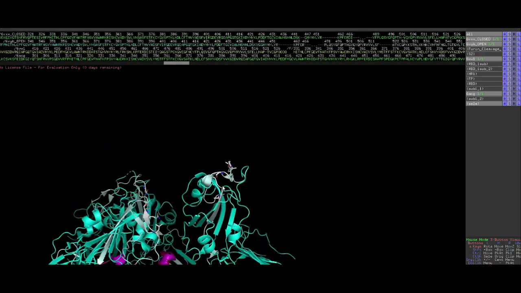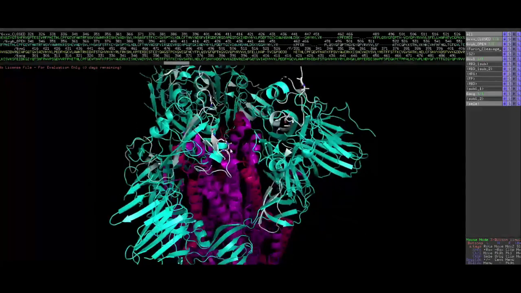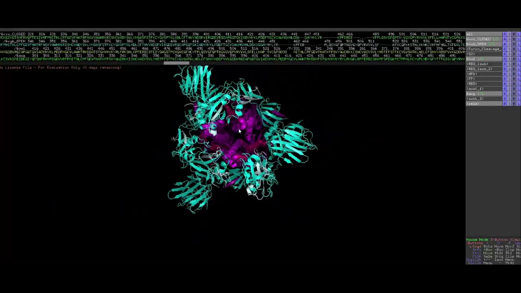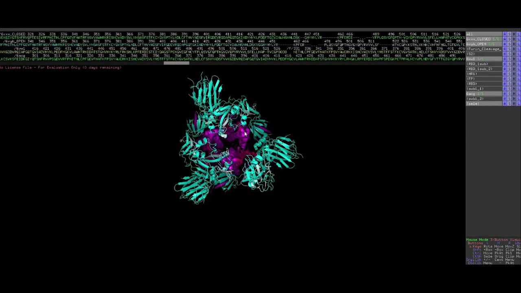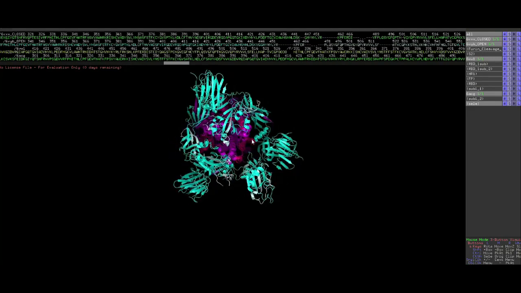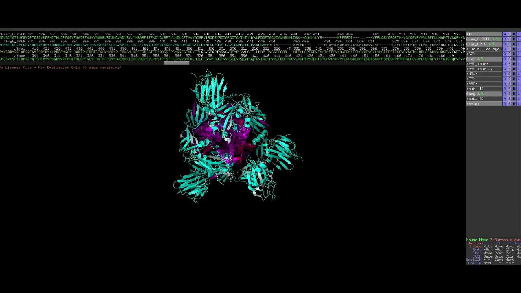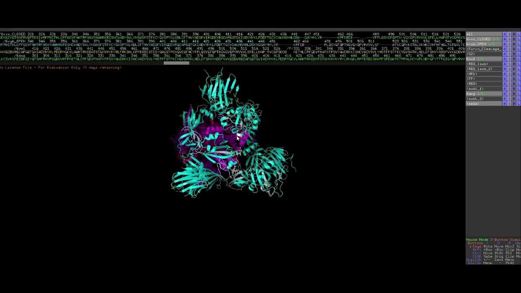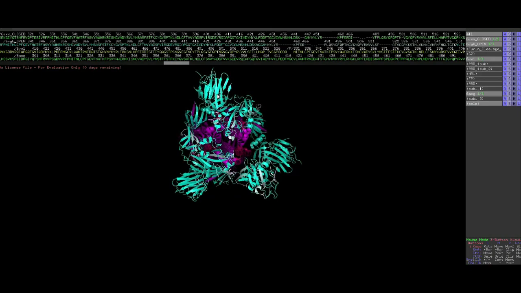And what you can also see here is that the spike protein is what's called a homotrimer, and it's called homo because they're all the same, and it's trimer because there are 3 different proteins involved. So if we look down at this, we can see sort of the 3 proteins coming together into this triangle.